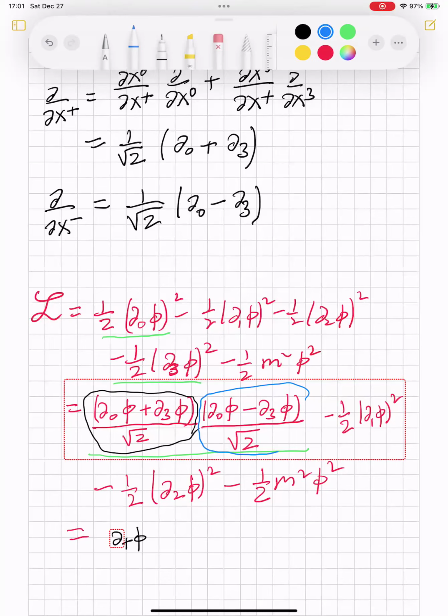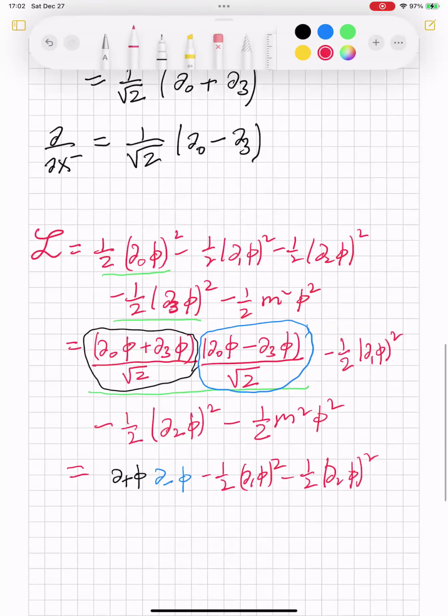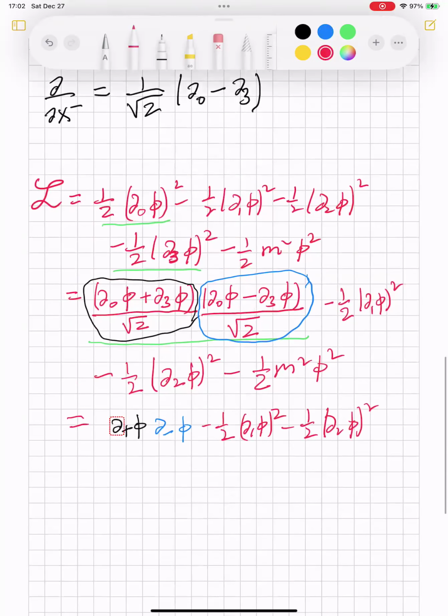And then we've got minus 1/2 d1 phi squared minus 1/2 d2 phi squared, and then minus 1/2 m squared phi squared. Okay, so now we've gotten our Lagrangian in terms of d plus phi and d minus phi.